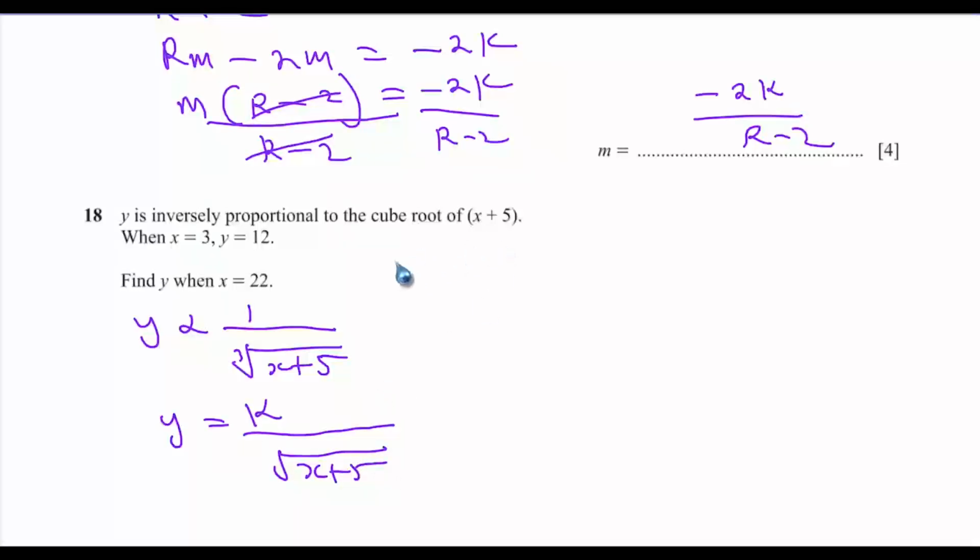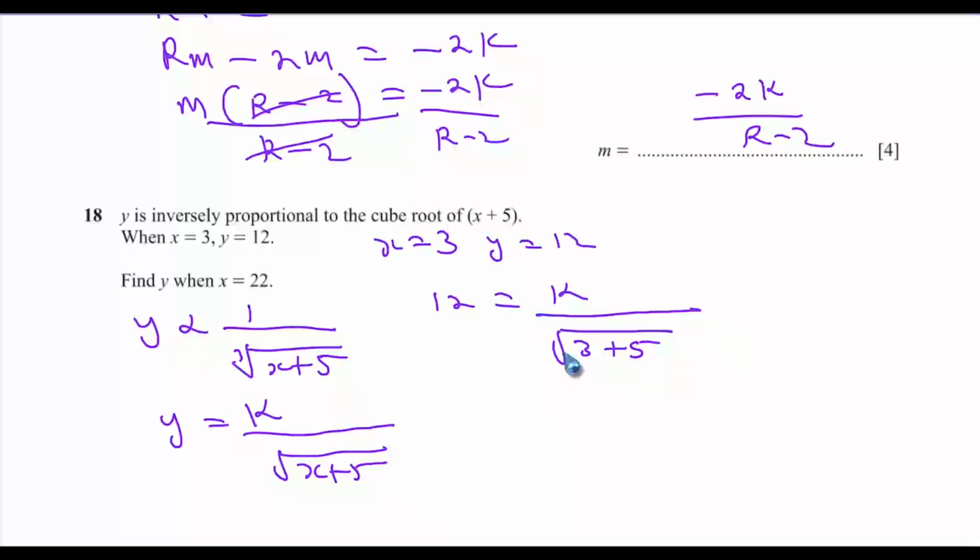So we already have the value of x to be equal to 3, y to be equal to 12. So let's key in the values of x and y respectively. So we have 12 equals k over the cube root of 3 add 5.